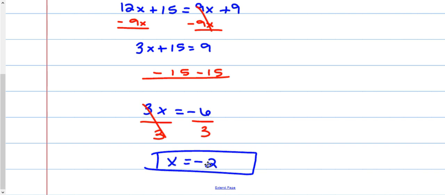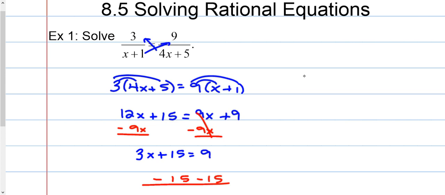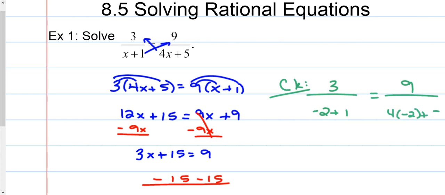Make sure that you check the negative 2 in with the original equation. So if I go back up to the top here, to make sure that I check my answer, I have 3 over negative 2 plus 1. We need to make sure that equals 9 over 4 times negative 2 plus 5.